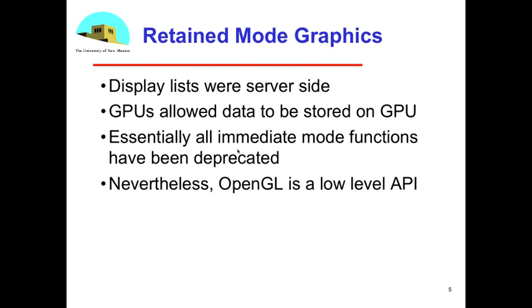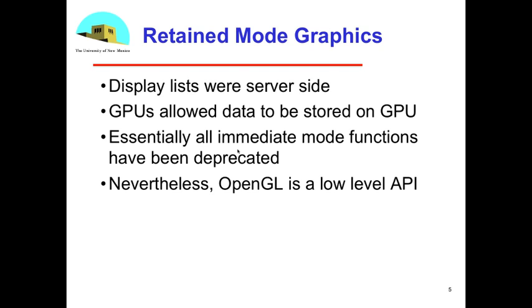Retained mode graphics, of which in some ways display lists are an example, means that you store the information so that you can change it or redisplay it. And that's basically what GPUs support.